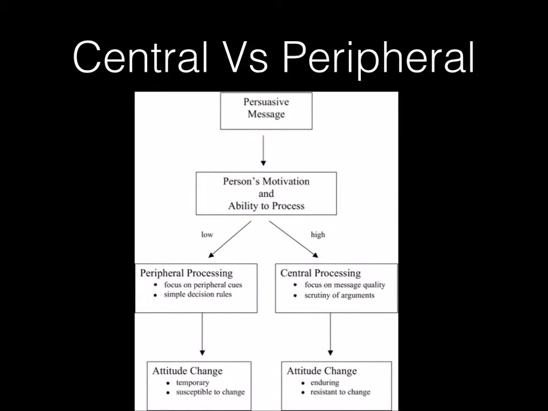If his elaboration is low, then he's probably going to follow the peripheral route, focusing on more superficial things than the actual essence or the core of the message. If the elaboration level is high, then he will follow the central processing, focusing on message quality. And these routes also affect the attitude.